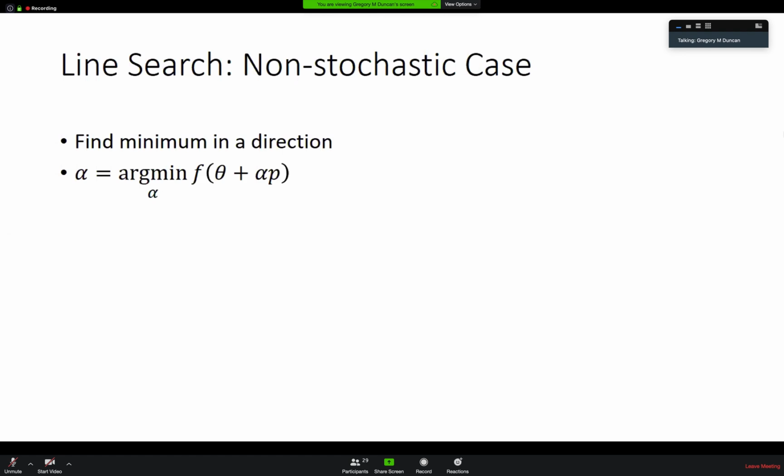The other thing is, it turns out it doesn't matter a whole lot if you get alpha right. You just want to go in the direction p and not overshoot too much. Undershooting a little bit's okay. Overshooting a bit is okay. So you don't want to spend a lot of time doing the line search.